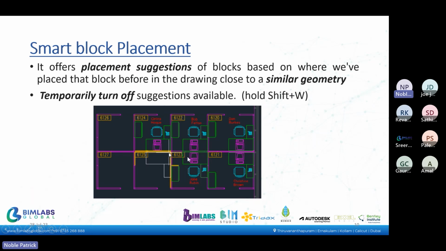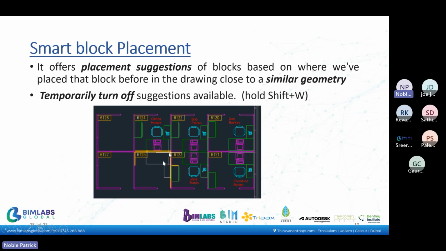We have done placement of the blocks previously. From that data, by machine learning, it creates a suggestion, and the block will be placed according to the requirement just by clicking on the corner or wherever we require.